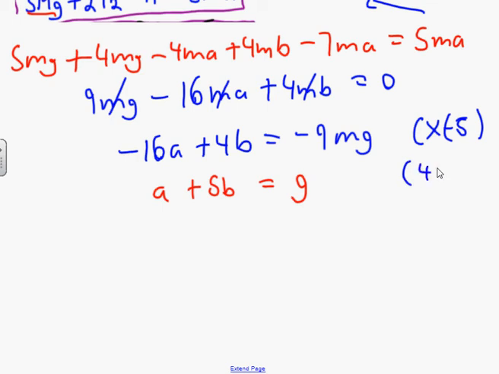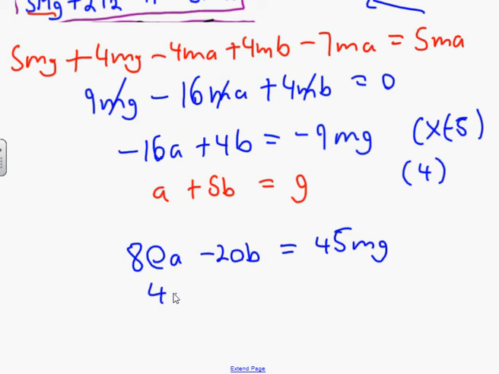See what happens. 80a minus 20b equals 45mg. Is that right? And then 4a plus 20b. Oh, there's no m. See the m? Should have cancelled that.